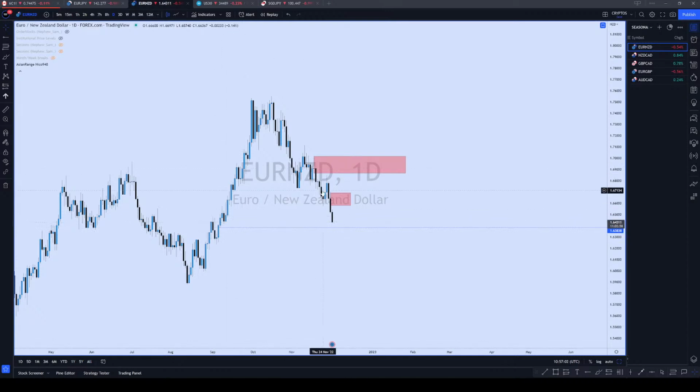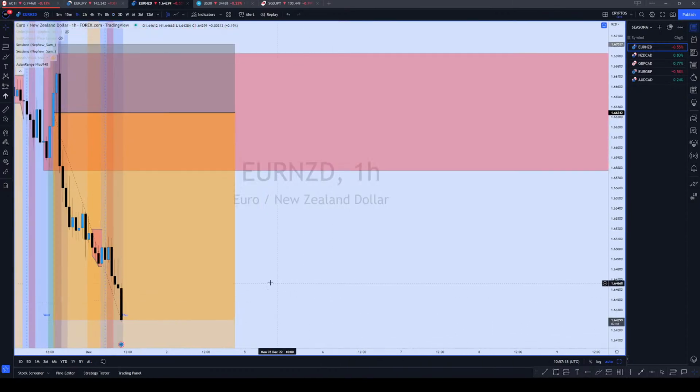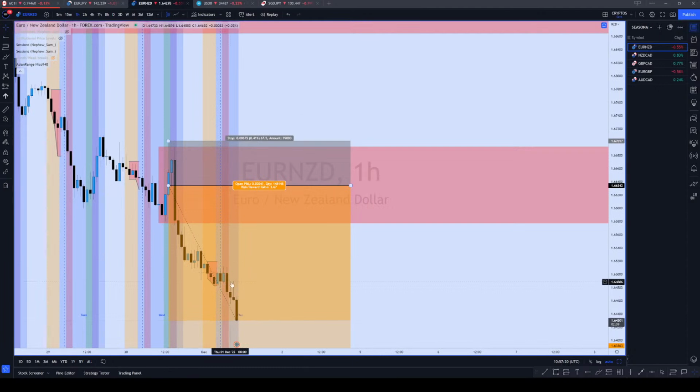Now, do I have an entry on this? The answer is no. Unfortunately, I cannot trade everything, so I trade what I see in the moment. Right, so I actually had a reason to sell short this morning. I just decided not to sell short here.